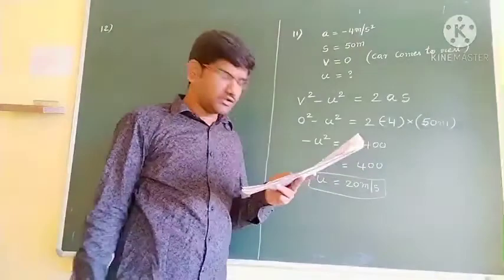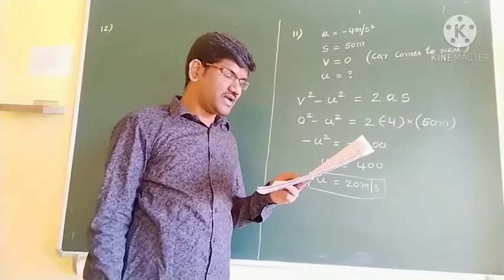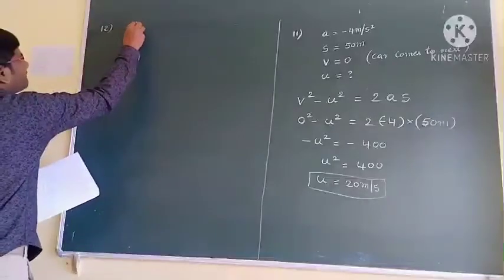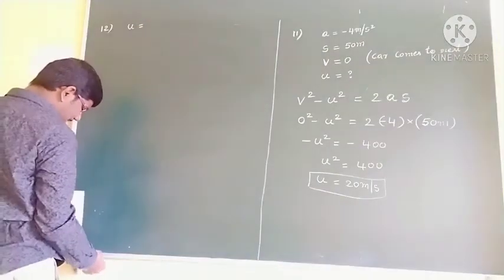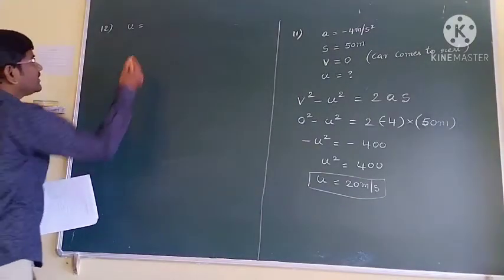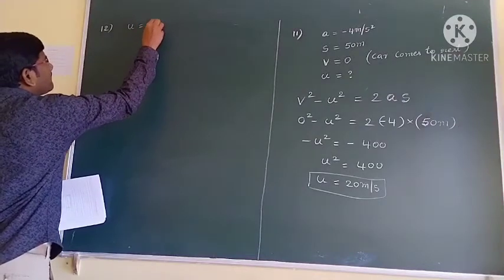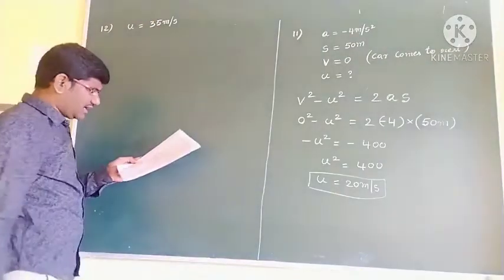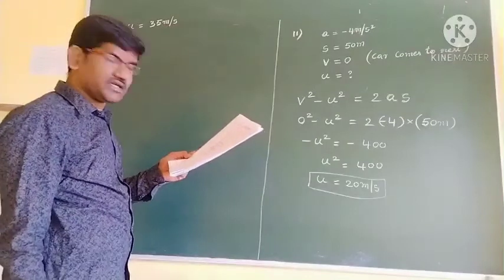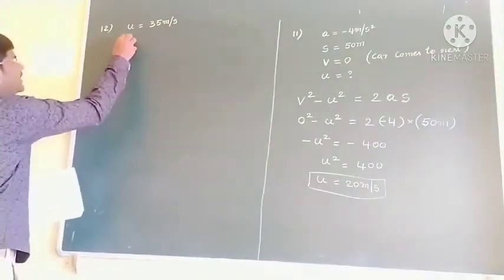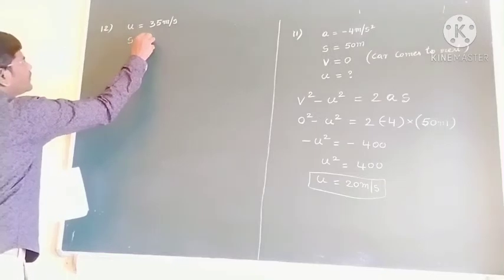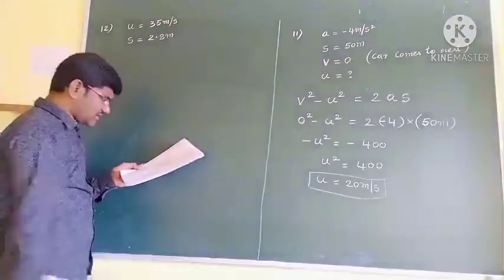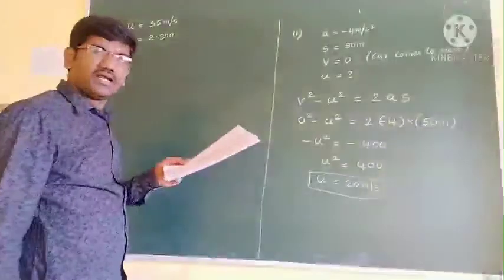Okay students, 12th problem, you see a bullet moving at 35 meters per second and penetrates 2.8 meters in a wooden plank and comes to rest.